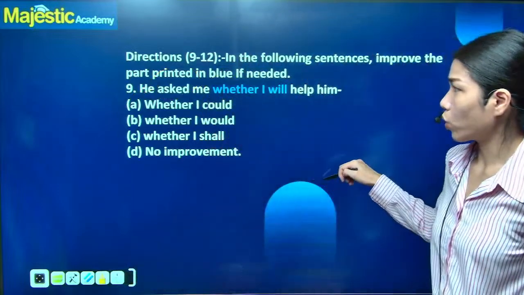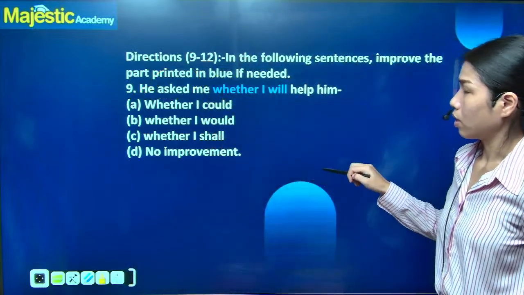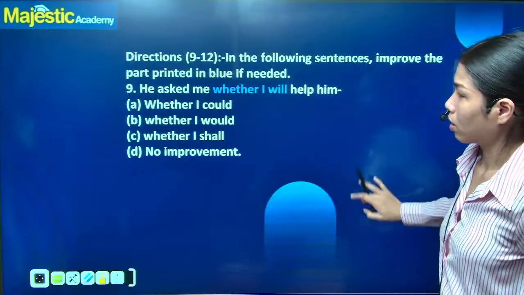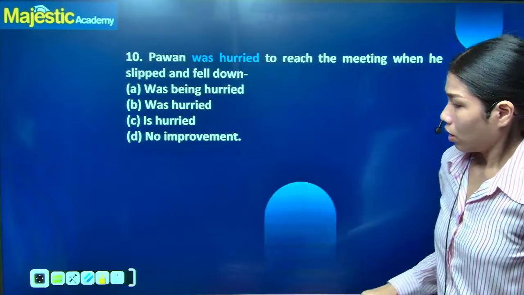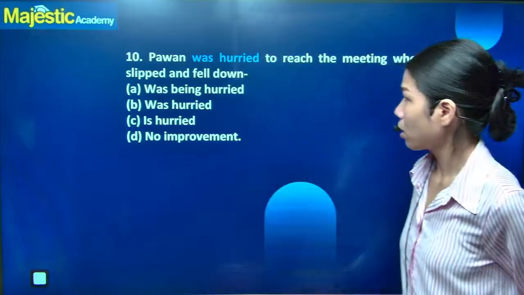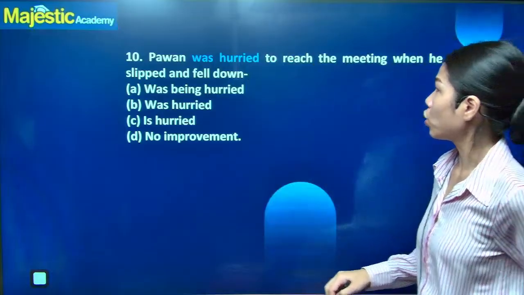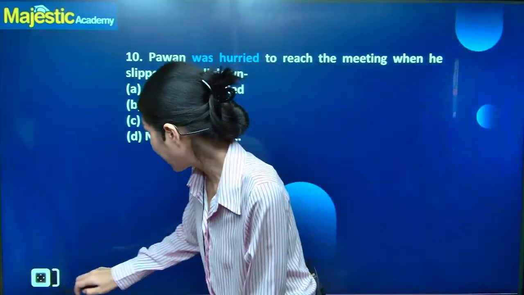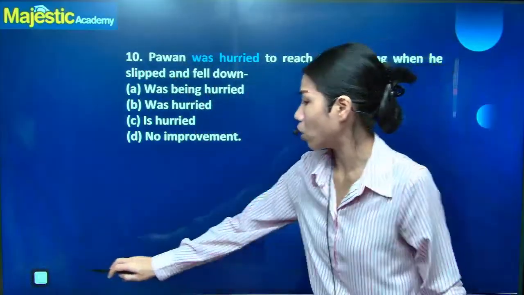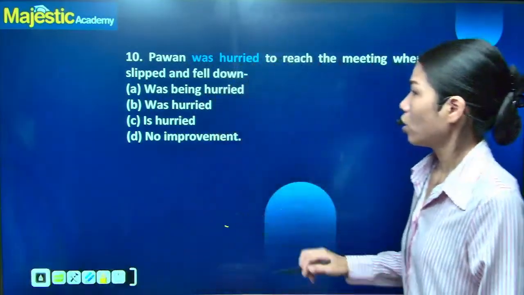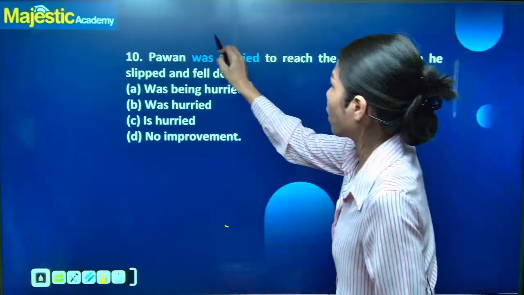Okay, let's move to question number 10. Question number 10 says, Pavan was hurried to reach the meeting when he slipped and fell down. The question has this part highlighted.